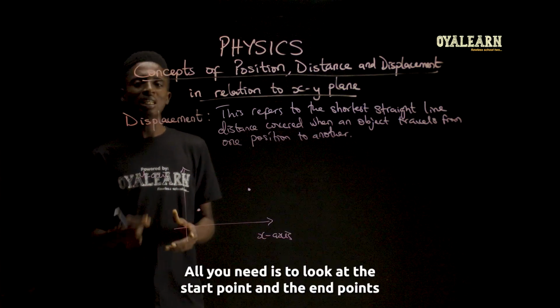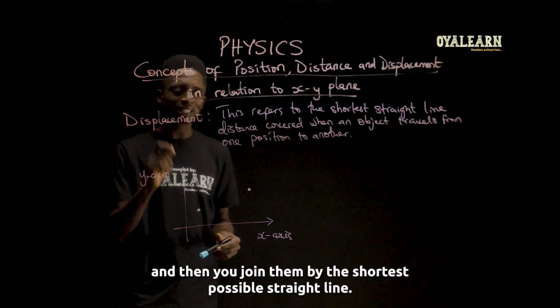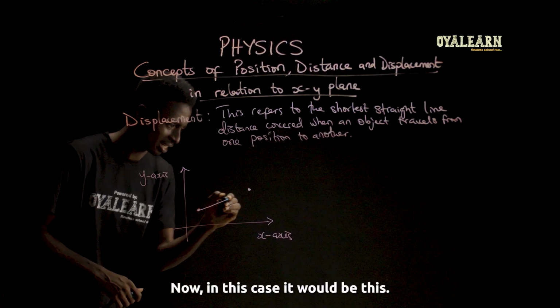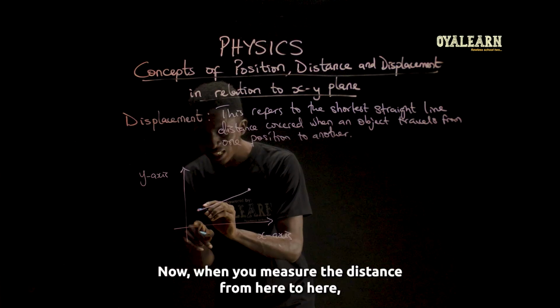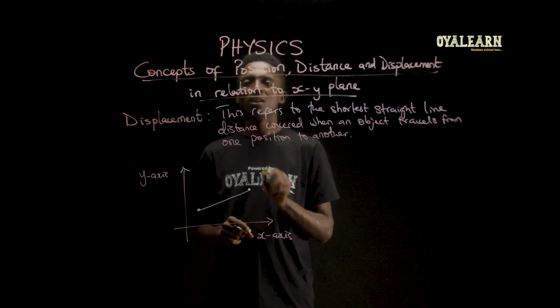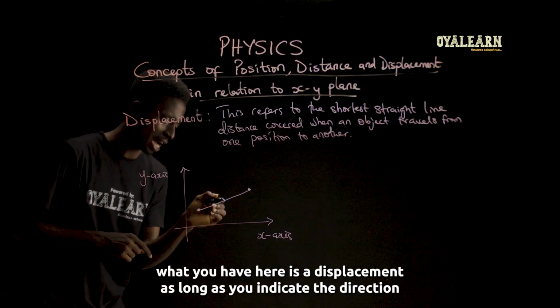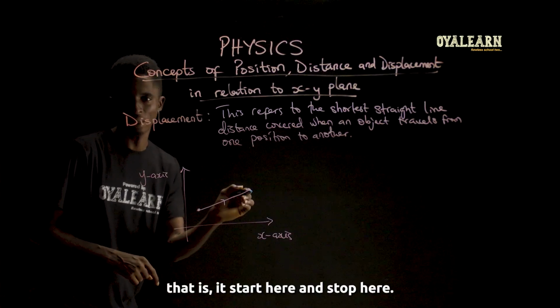All you need is to look at the start point and the end point, and then join them by the shortest possible straight line. Now, in this case, it will be this. When you measure the distance from here to here, what you have there is a displacement, as long as you indicate the direction. That is, it starts here and stops here.